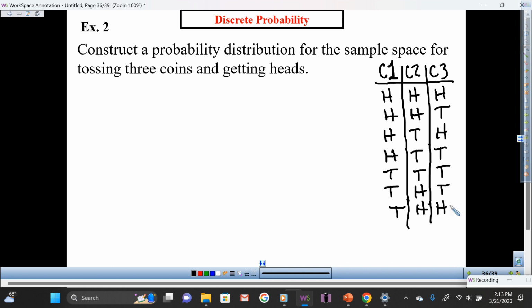So, neighbor, which one are we missing? All right, Patricia, which one are we missing? Yes, TTH. Do we have all these possibilities? Okay, so how many? 1, 2, 3, 4, 5, 6, 7, 8.